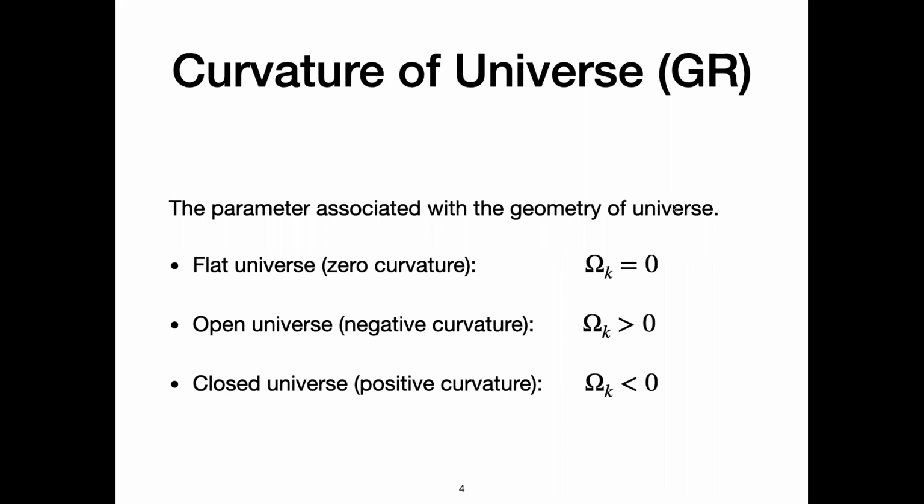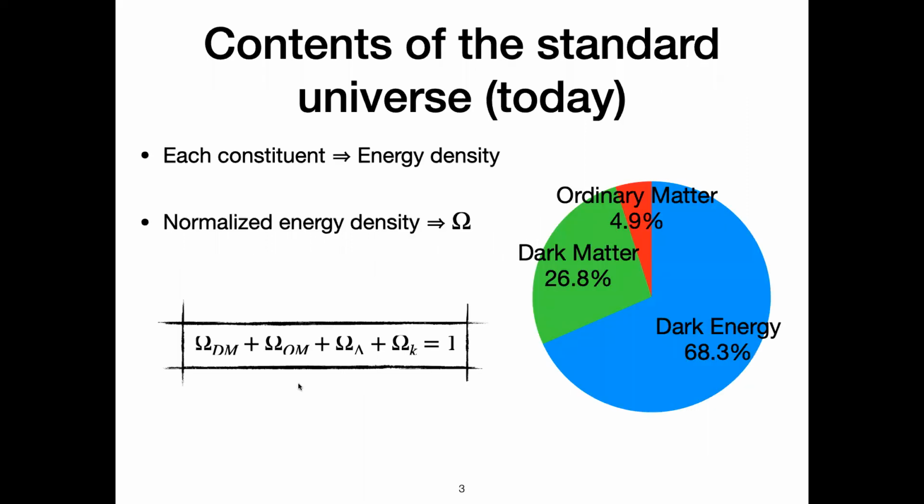I was even confused about how to explain the curvature of the universe without involving GR, but you can understand it as the remaining parameter other than the matter and dark energy. If the sum of omega dark matter, omega ordinary matter, and omega lambda is not equal to 1, then the remaining contribution can come from the curvature of the universe.